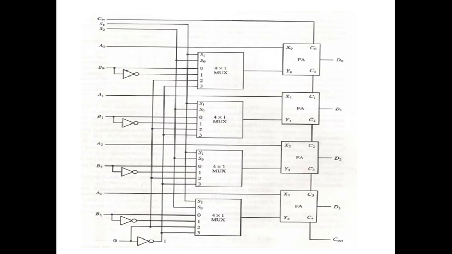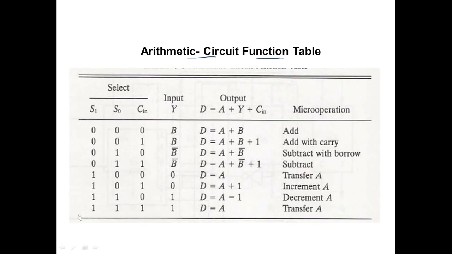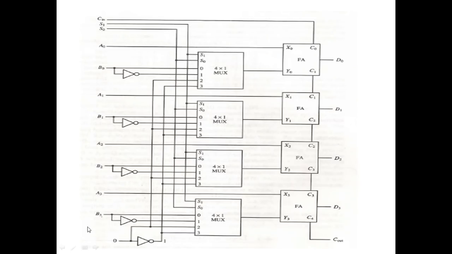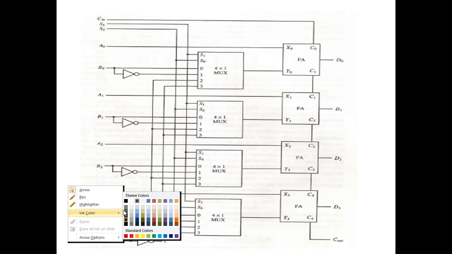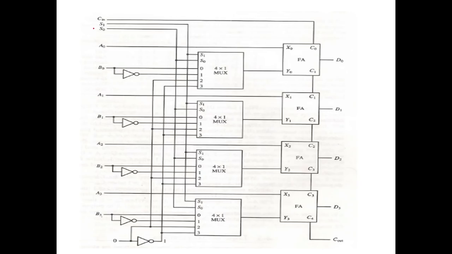I am only using a combination of these four bit patterns: 0 0, 0 1, 1 0 and 1 1. It means I am having only two selection lines here. That's why, from this particular figure, I have determined that there are S0 and S1. Accordingly, I have a maximum of four operations that I need to perform. So what are those four operations? That I will let you know again.